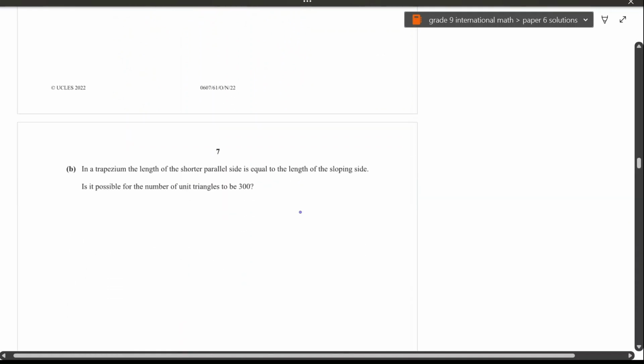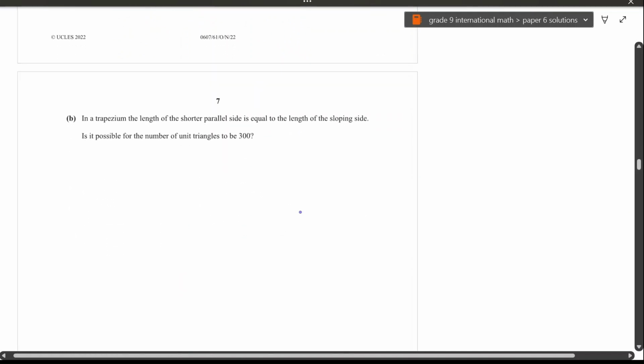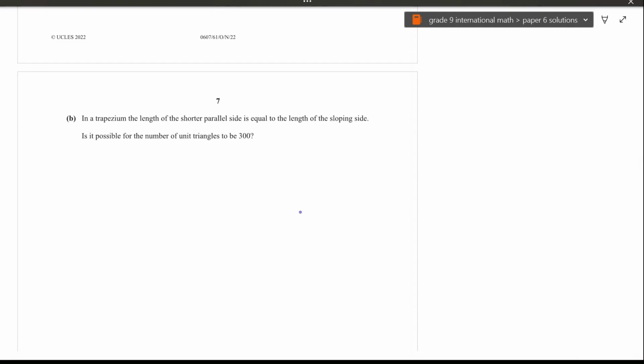Now moving to the next part. In a trapezium, the length of the shorter parallel side is equal to the length of the sloping side. Is it possible for the number of unit triangles to be 300? The number of anything has to be an integer. So we just have to equate that to 300 and see if it is possible.